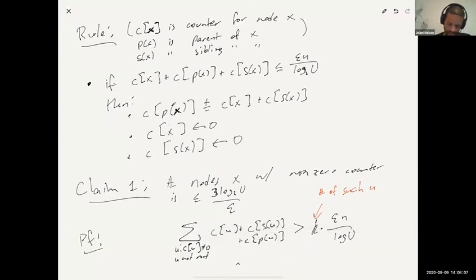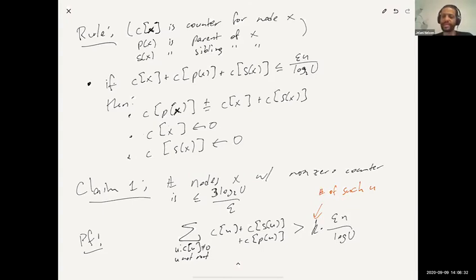On the other hand, what is the sum of c of u over all u in the tree? That's n, right? Because each element is kept track of in some node. Each element in the stream contributes to the count of exactly one node in the tree. Initially the leaf, but it might get pushed up higher in the tree. So the sum over all u of c of u is n.